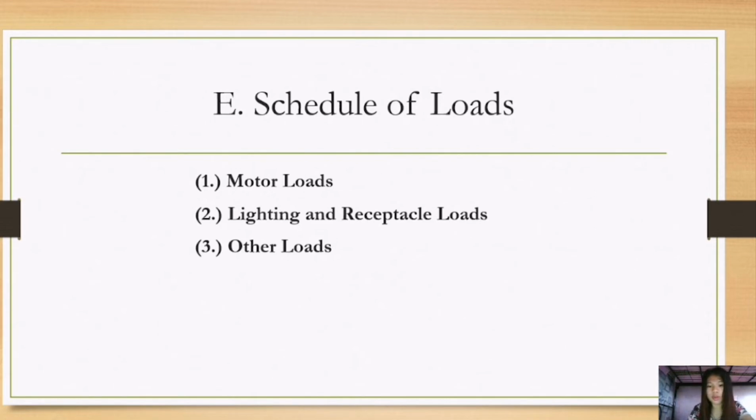For lighting and receptacle loads, we have panel as number in the feeder diagram, circuit designation number, number of lighting outlets in each circuit, number of switches in each circuit, number of receptacle outlets, voltage of circuit, type and size of wiring, protective device rating.